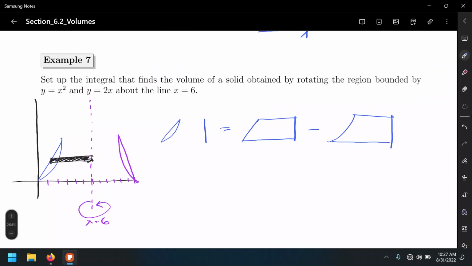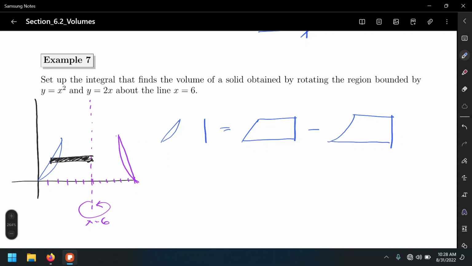All right, again, from the axis of rotation, we have an outermost radius, and that outermost radius is bounded by the diagonal line y equals 2x, or x equals 1/2 y, and the inner radius is bounded by the graph of y equals x squared, or x equals the square root of y.